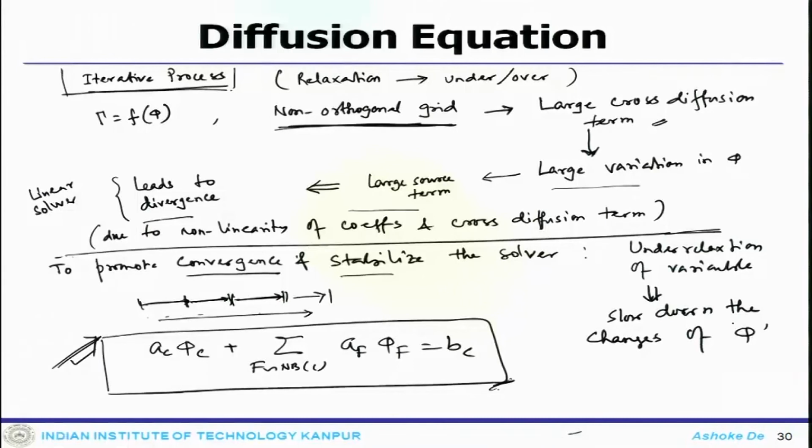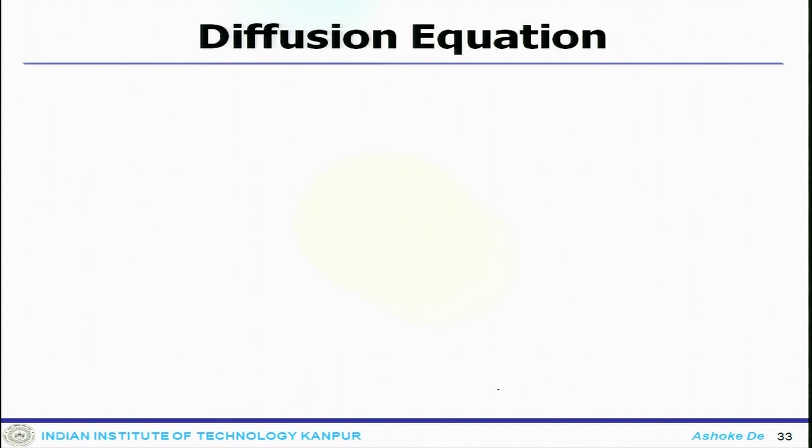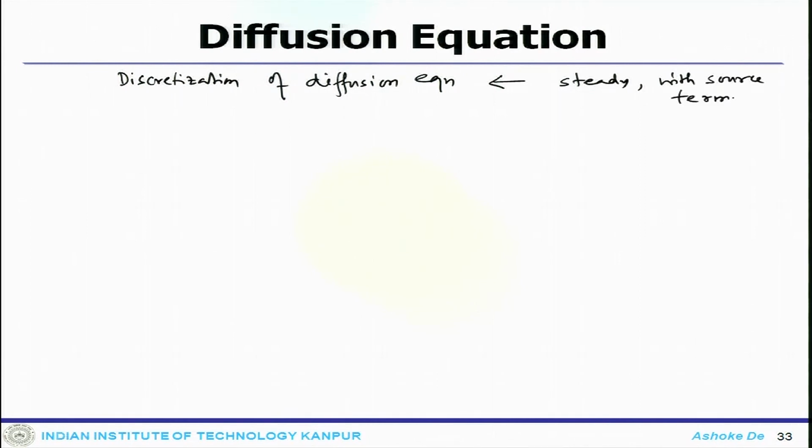Now, that brings us to the important discussion of what we have done while talking about the discretization of the diffusion equation. What we have considered here is the steady case with source.